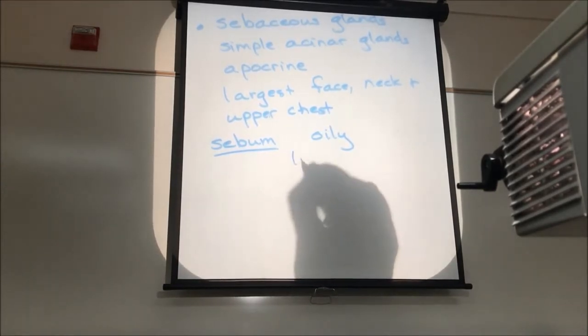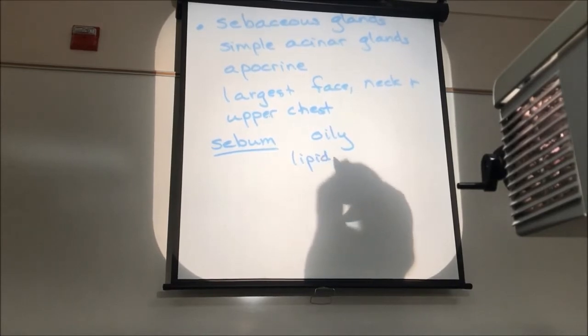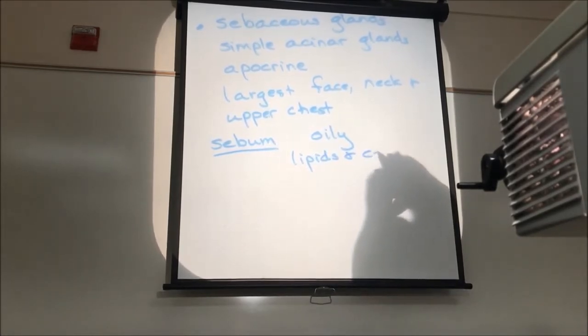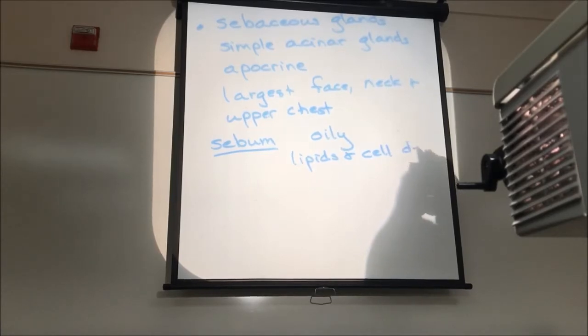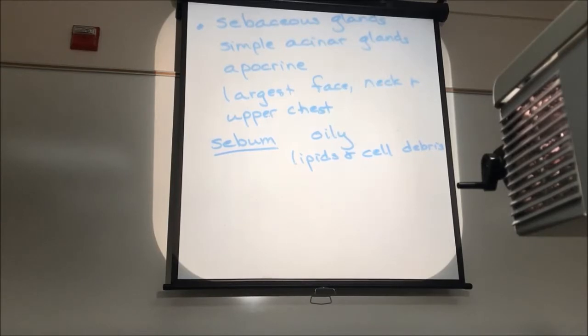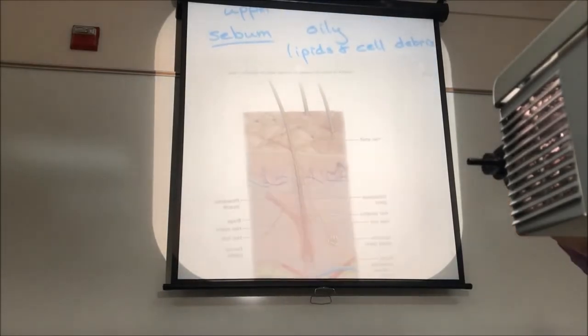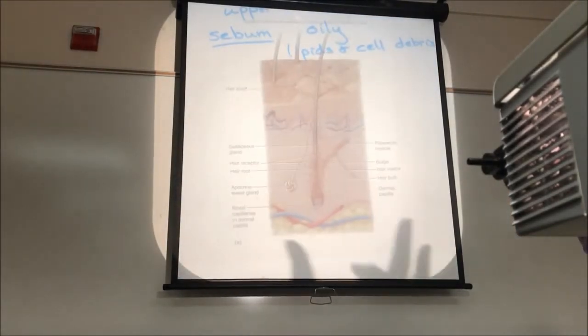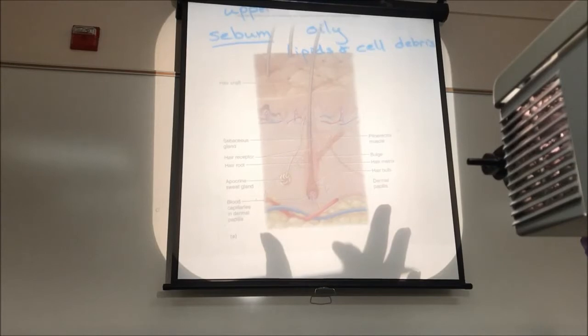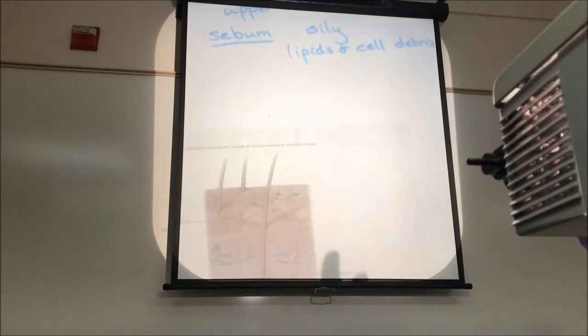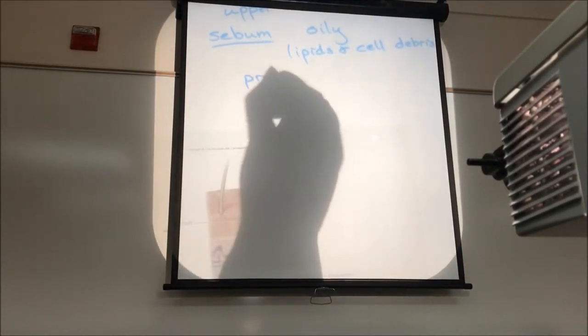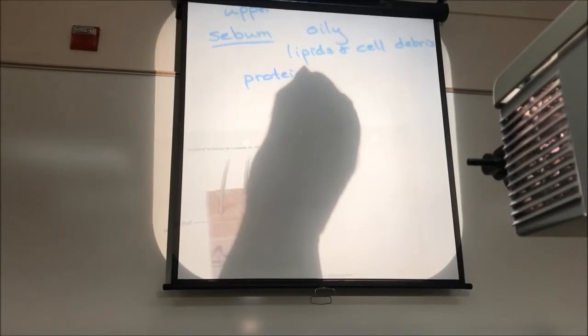It's composed of lipids and cell debris, the apocrine type of secretion. It also contains some proteins and salts.